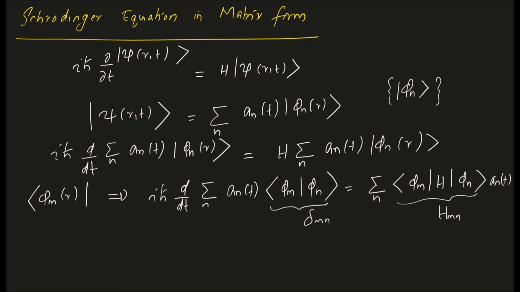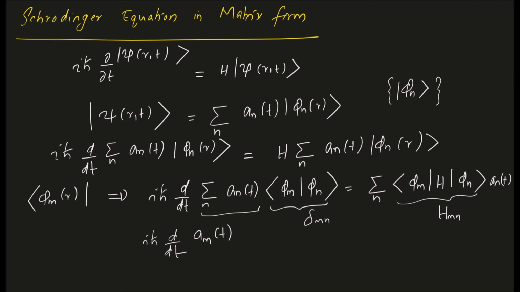So we can write i h cross d by dt of the summation over n of a_n(t) delta_mn. Out of these many possible terms, the only surviving term will be a_m(t) when m and n are equal.